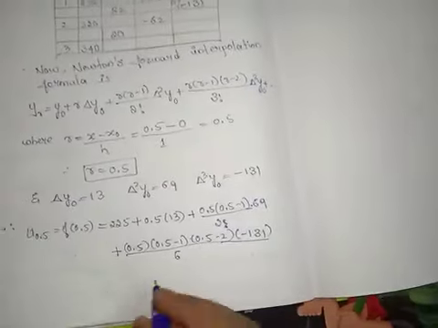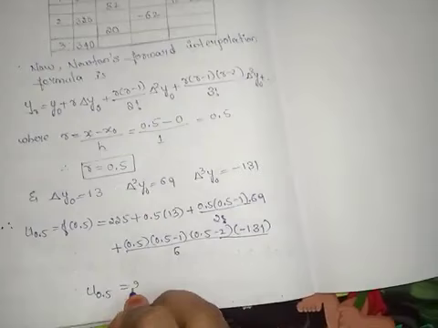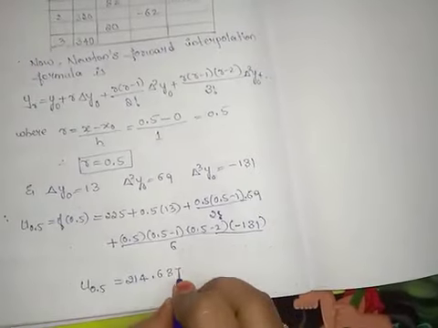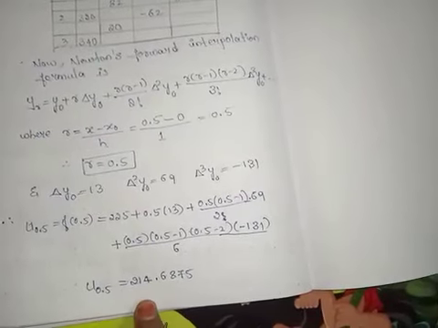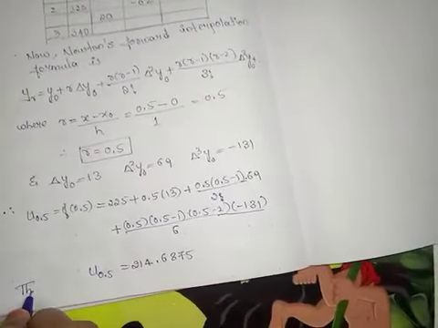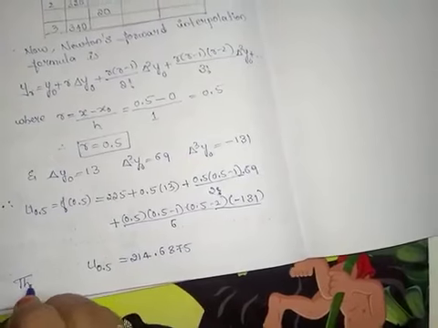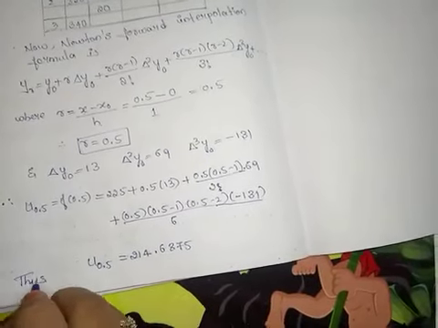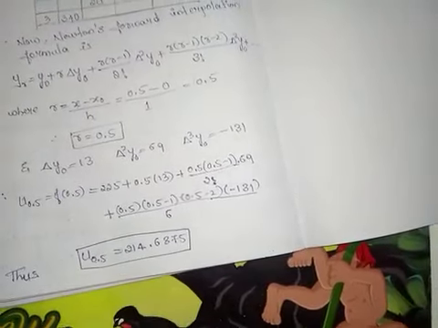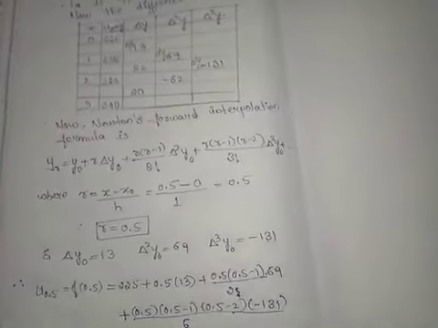Calculate these values. You will get y at 0.5 is equal to 214.6875. This is how you have to find the results.